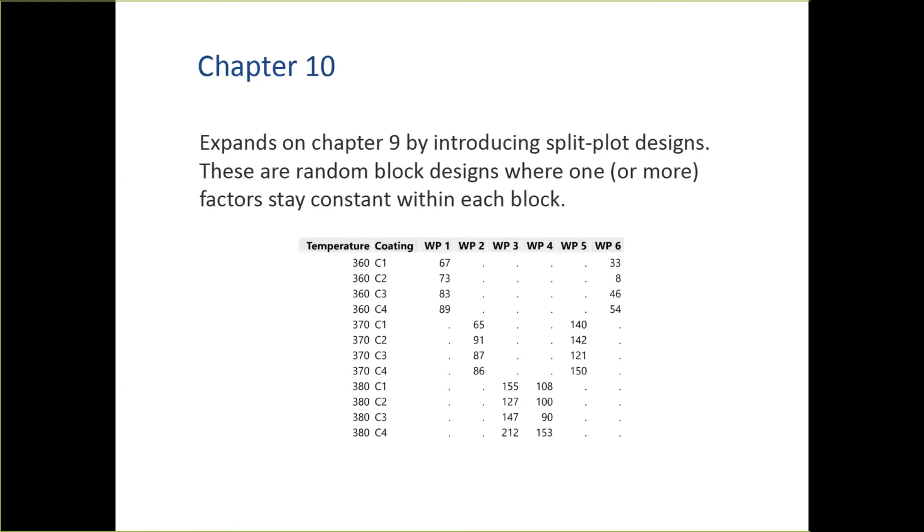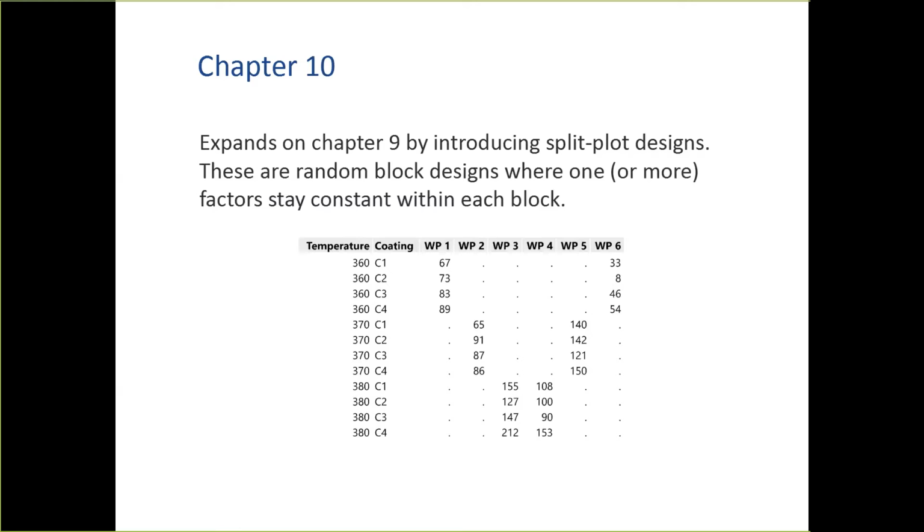Chapter 10 talks about split plot designs, and I always think of these designs in the context of hard to change versus easy to change factors. When you have hard to change versus easy to change factors, complete randomization is really difficult. So what split plot designs do is they take your hard to change factors and put them in something called a whole plot where we don't change them as often.